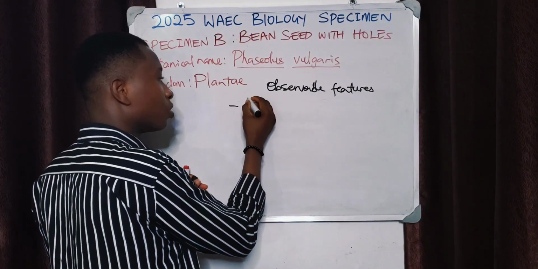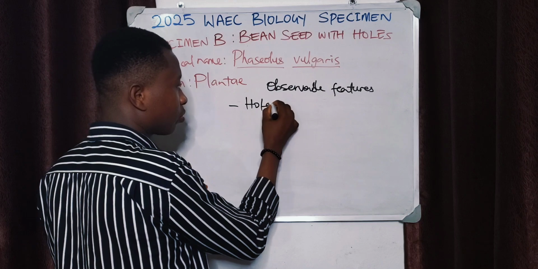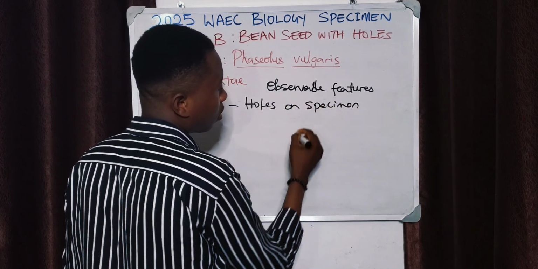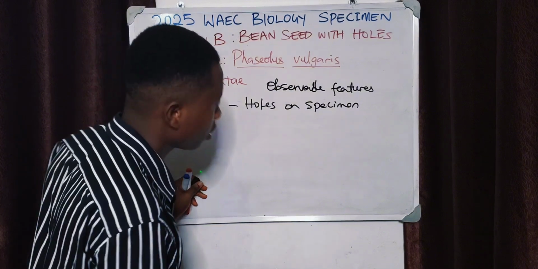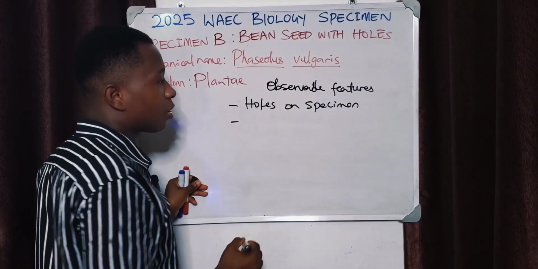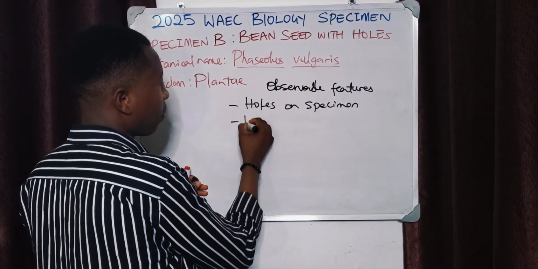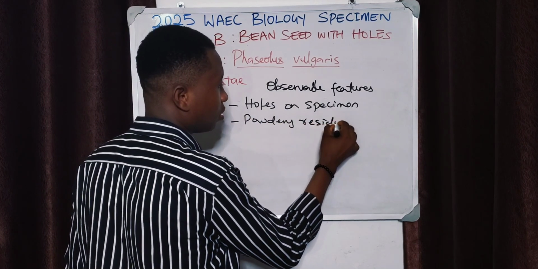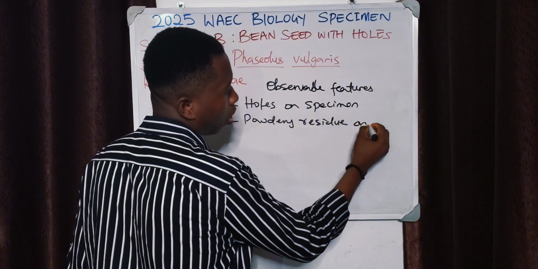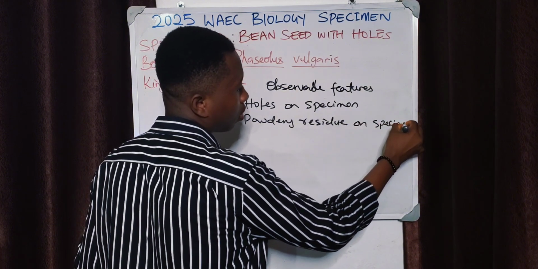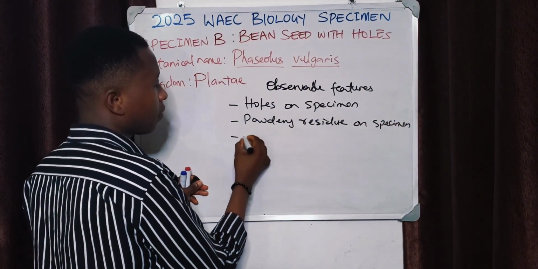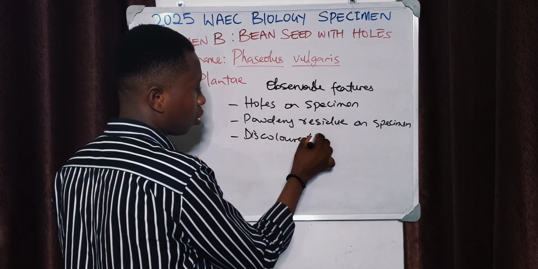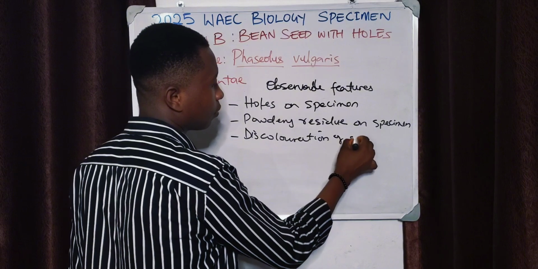Firstly, there are holes on the body of the specimen. Secondly, you can observe that there are powdery residues on the specimen. You can also observe that there is discoloration of the specimen.